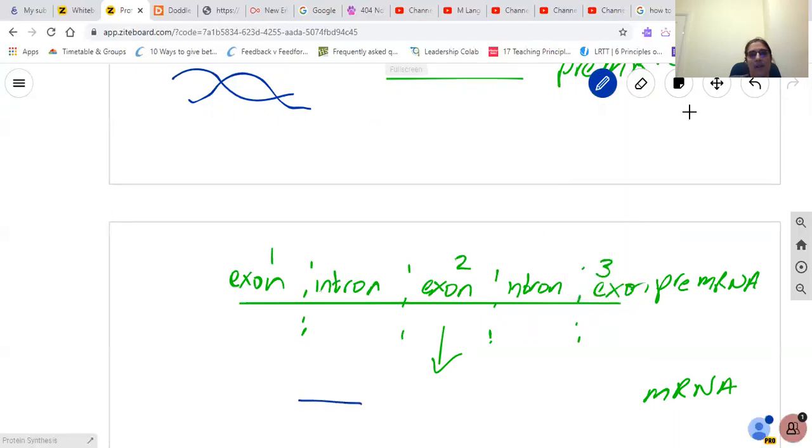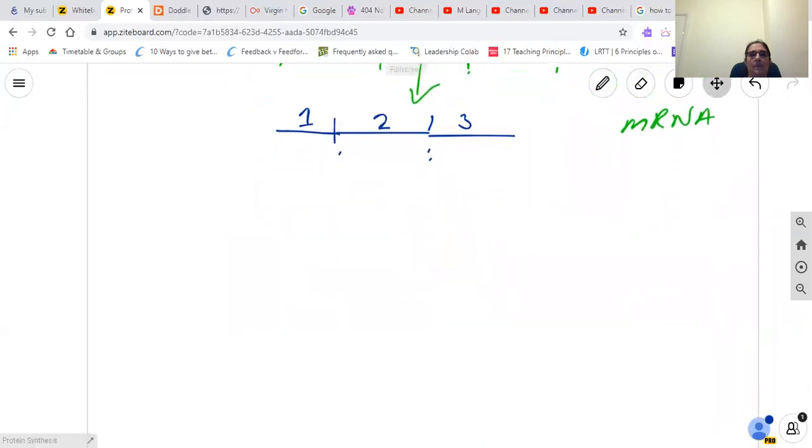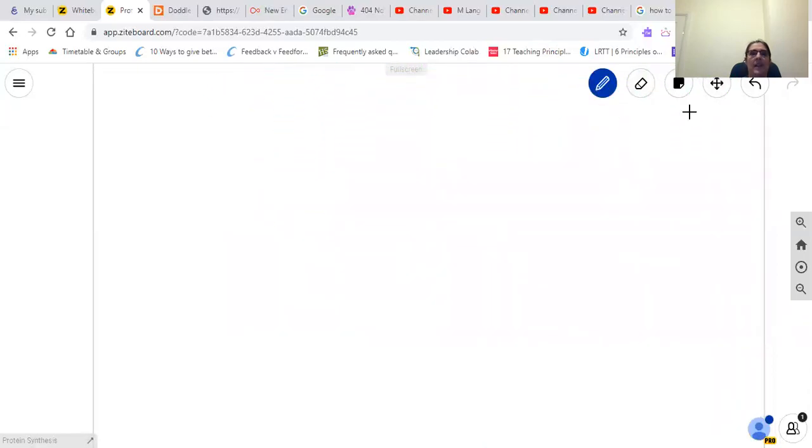And then you join the exons together, like that. So number 1, number 2, number 3. Now, the beauty with this is you could join them in a different order, 1, 3, 2, 2, 1, 3, which means that one pre-mRNA can make several different mRNAs, which can therefore code for several different sequences. Now, the next thing we have to think about is translation.